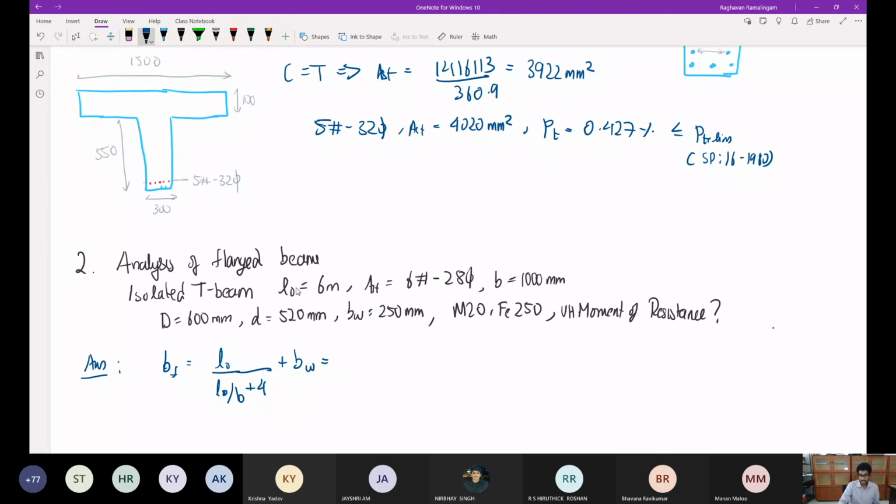L0 is 6 meters. The actual breadth of the isolated T beam is 1000 mm. DW is 250 mm. So get me the effective width of the flange.